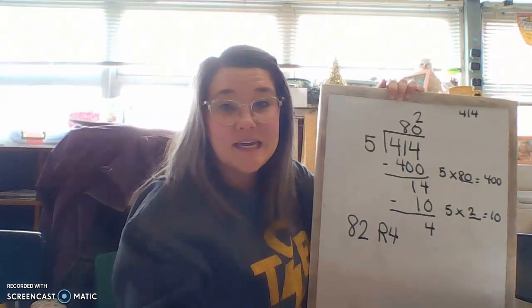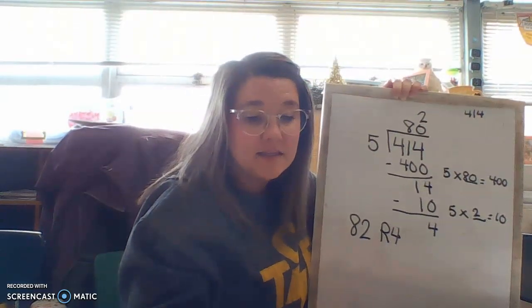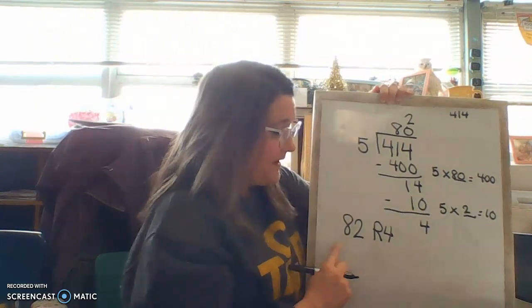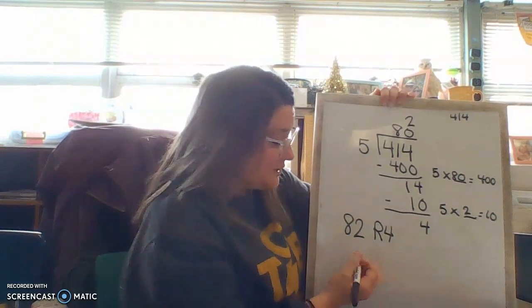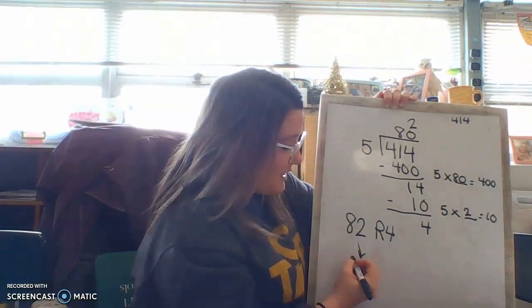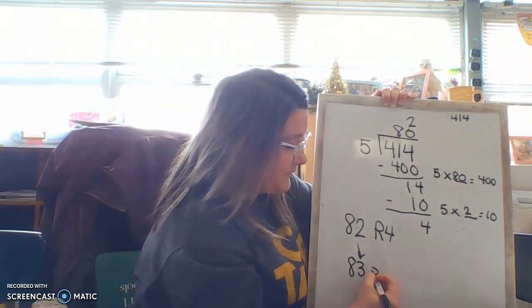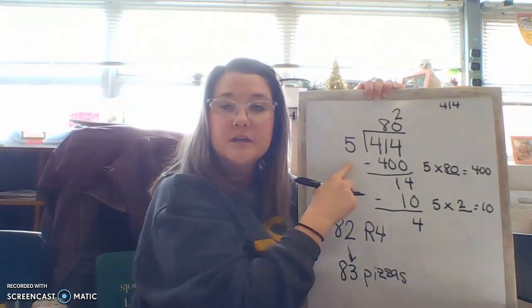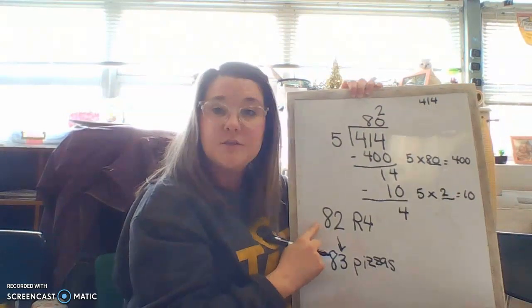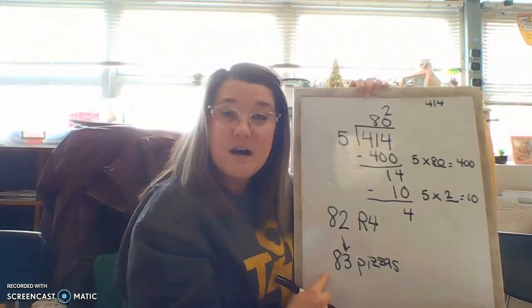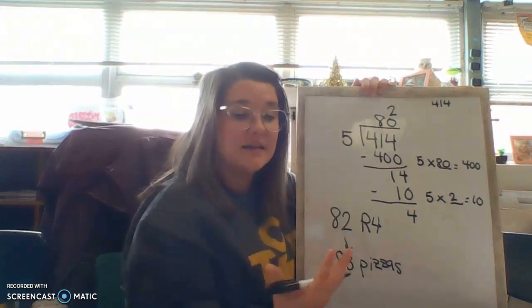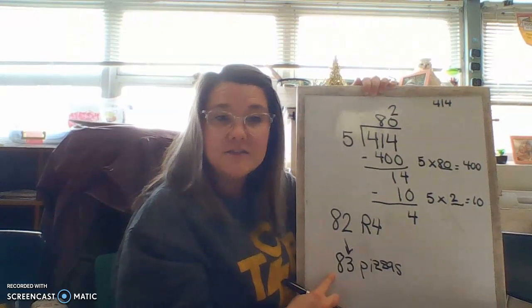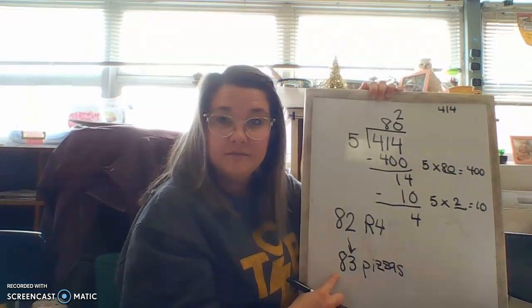Well, the question says, how many pizzas are needed to be sure every student has enough to eat? 82 is not going to be enough. So we're going to have to order 83 pizzas. The answer to the actual division problem is 82 remainder 4, but because the context of the problem asks us to make sure all students eat pizza, the answer is 83.